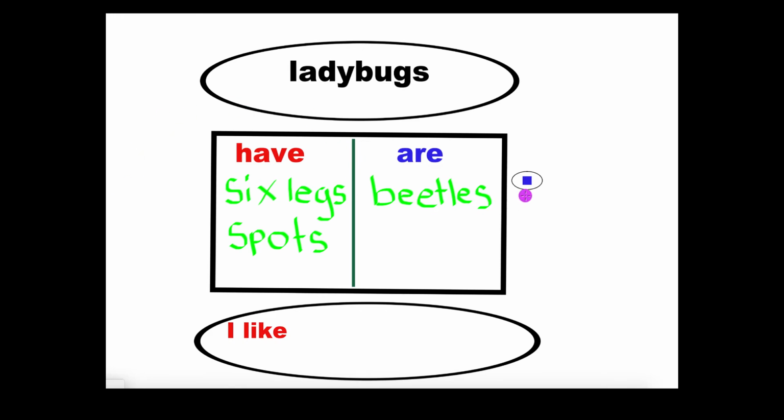Ladybugs are beetles, period. Okay. What else can we say about a ladybug when we are working with the connecting verb are? Ladybugs are, go ahead and share out. Share out with your thoughts orally to your peer or the person you're learning with.